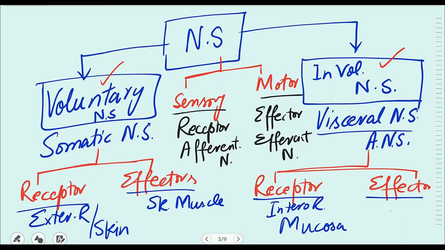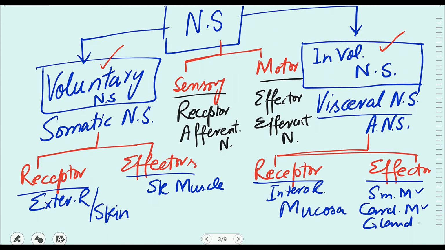And the effectors of the visceral nervous system are smooth muscle, cardiac muscle, and the glands. So wherever we have smooth muscle, cardiac muscle, or a gland, keep in mind that it will be a viscera and will be supplied by the involuntary nervous system. So in the somatic nervous system, we have a combination of skin and skeletal muscle. And in the involuntary nervous system, we have the combination of mucosa, smooth muscle, cardiac muscle, and the glands.